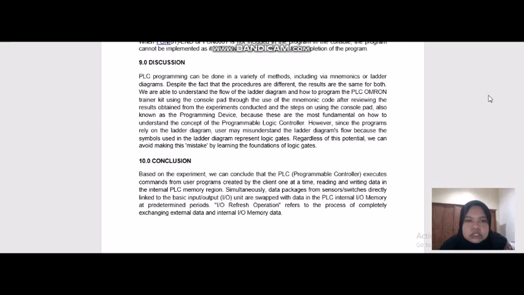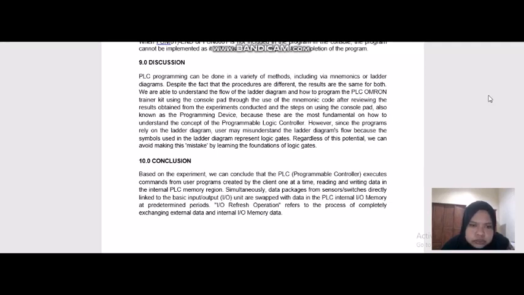For the discussion, PLC programming can be done in a variety of methods, including the mnemonic or ladder diagram. So despite the fact that the procedures are different, the results are the same for both methods. And we are able to understand the flow of the ladder diagram and how to program the PLC on one kinetic using the control pad through the use of mnemonic code after reviewing the results obtained from the experiment conducted and the steps on using the console pad, also known as the programming device, because these are the most fundamental on how to understand the concept of the PLC.